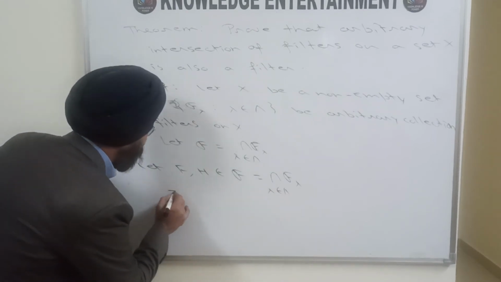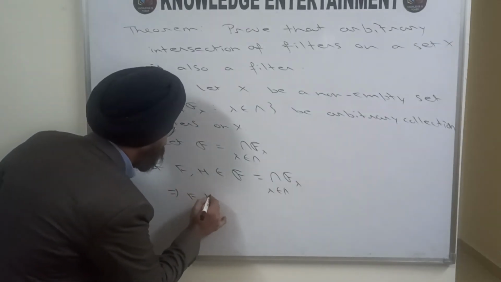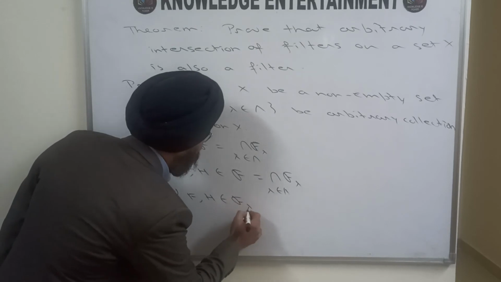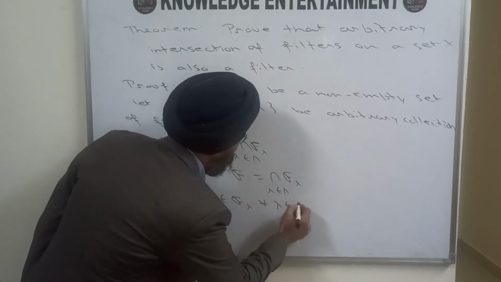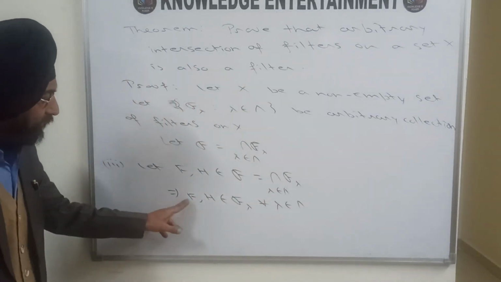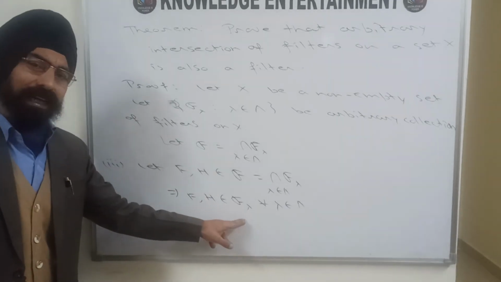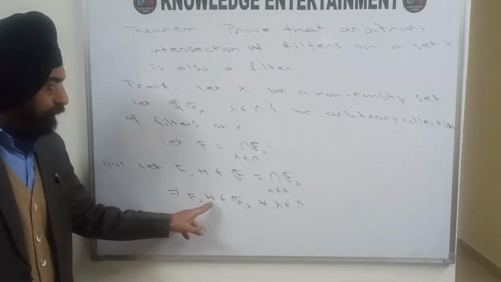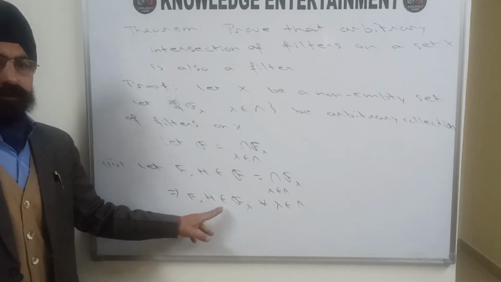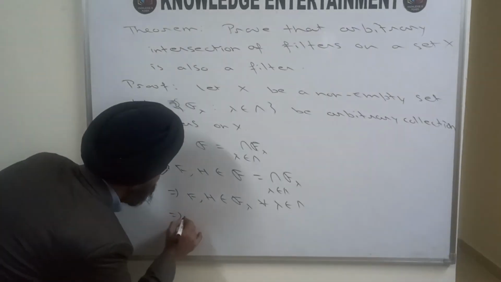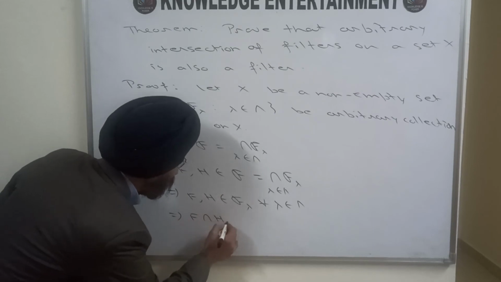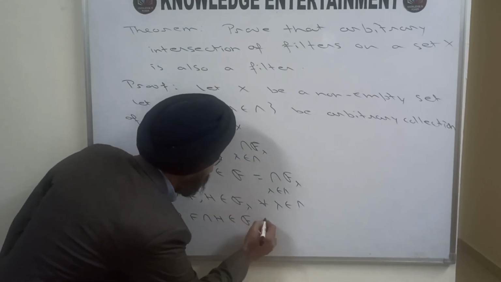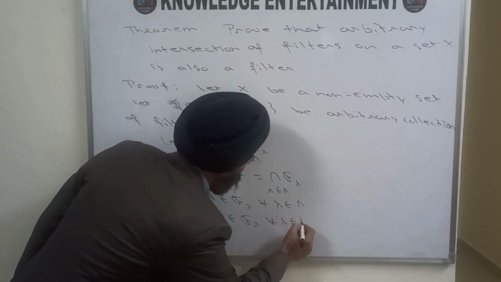So that means F, H belong to F_λ for every λ belonging to that particular family. Now F and H are in F_λ, and what are F_λ? These are filters. In a filter, we know that if two members are there, then their intersection must also be there. So this means F intersection H belongs to F_λ for every λ in that particular family.